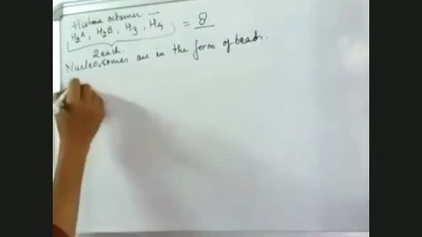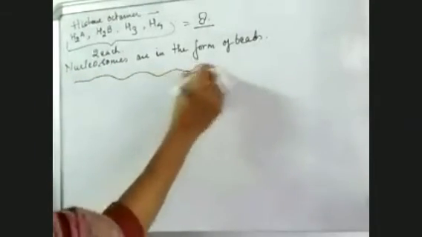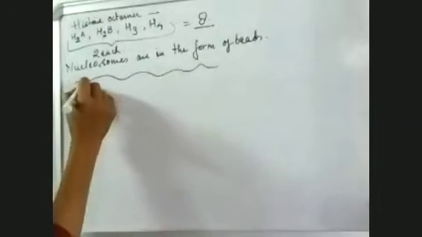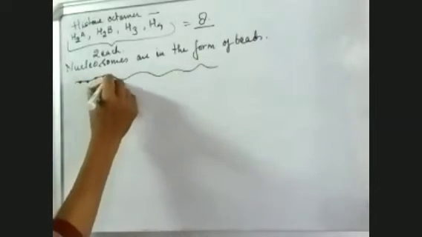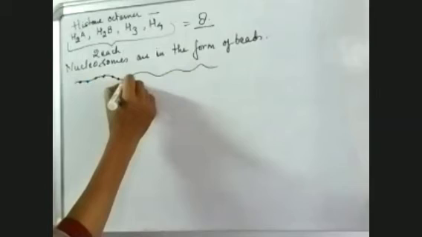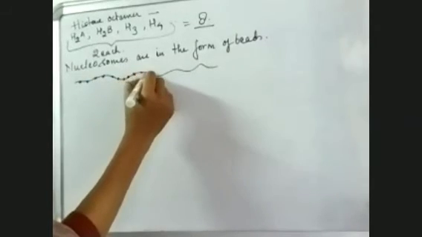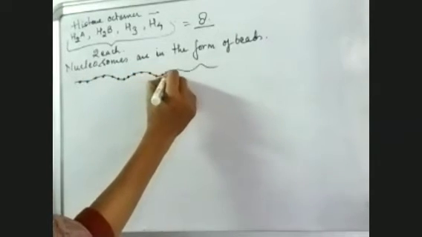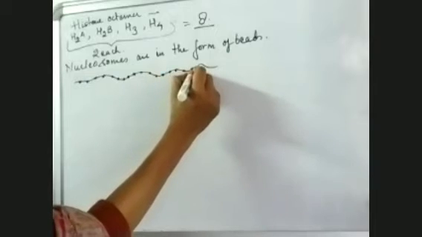When you see the DNA, suppose this is DNA, they will appear in the form of beads on it, like this. These bead-like structures are nucleosomes which are there in the DNA.